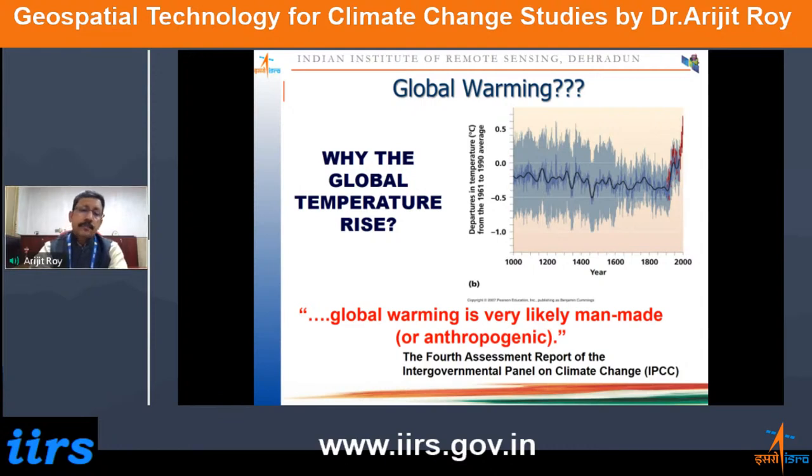And the fourth assessment report, way back in 2007, has clearly stated that this global warming is very likely of anthropogenic origin.